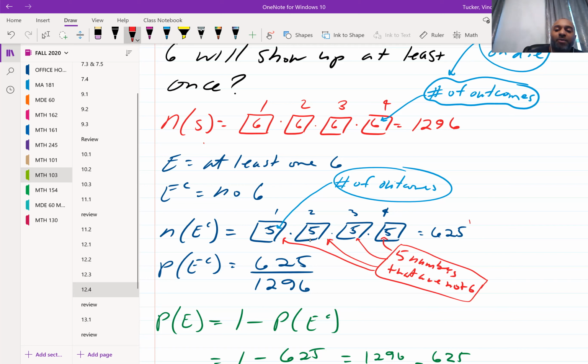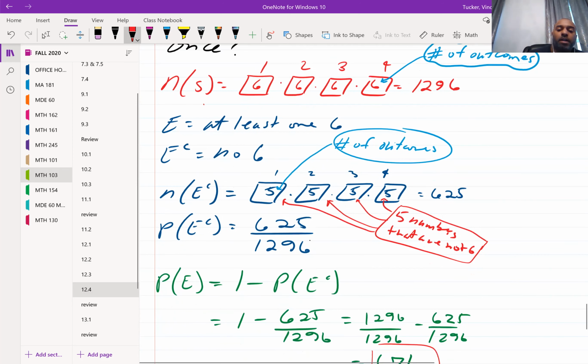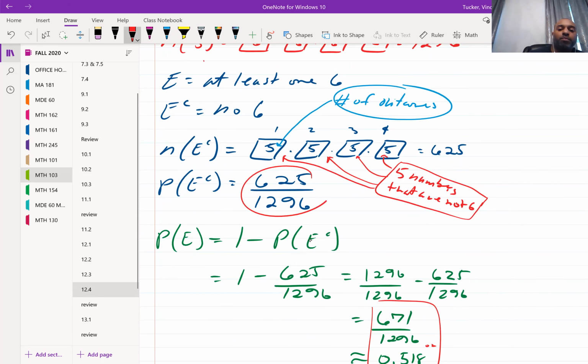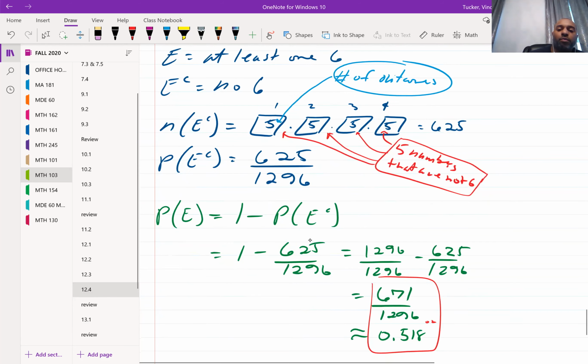So we take this 625, place it over this 1296, and that's the probability of getting no sixes at all. And remember, we wanted at least 1 six, so we're going to take this 625 over 1296 and subtract it from 1.